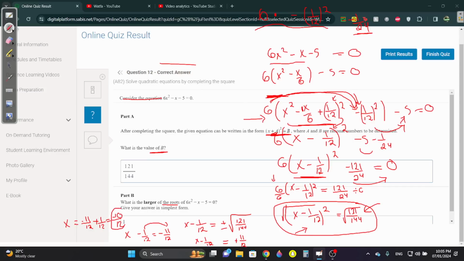That's your first solution. And then your second solution is, take negative 1 over 12 to the right. It becomes x equals 11 over 12 plus 1 over 12, which is obviously 12 over 12, which is 1. So your two solutions are negative 10 over 12 and 1. Okay, they want the larger one, so obviously the answer is going to be 1 because 1 is bigger than negative 10 over 12.